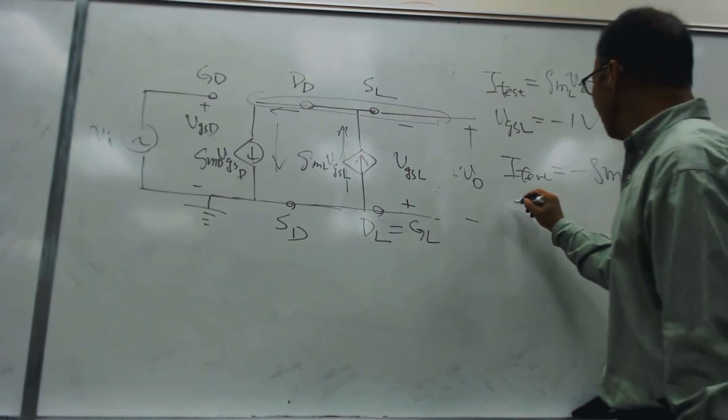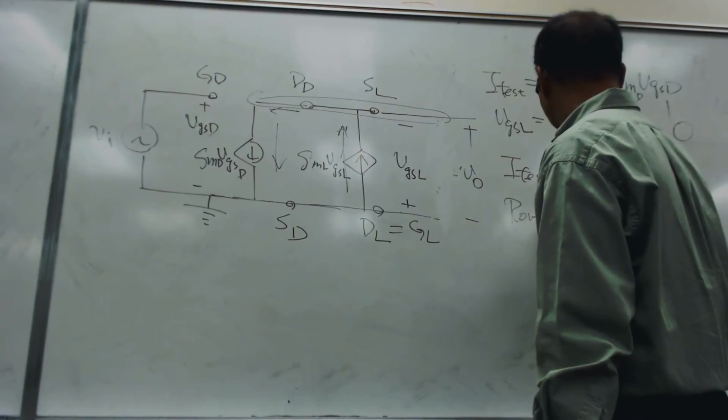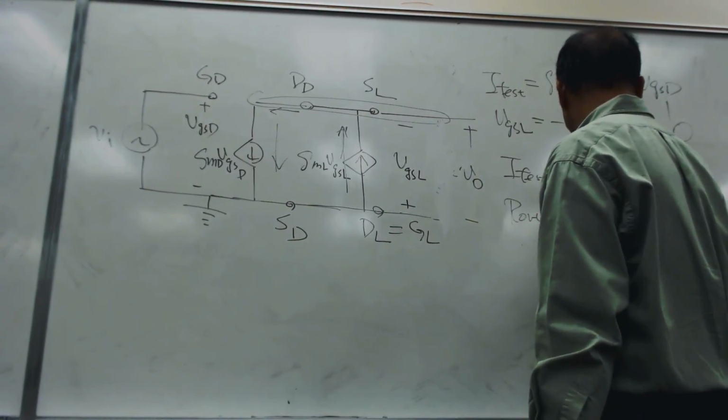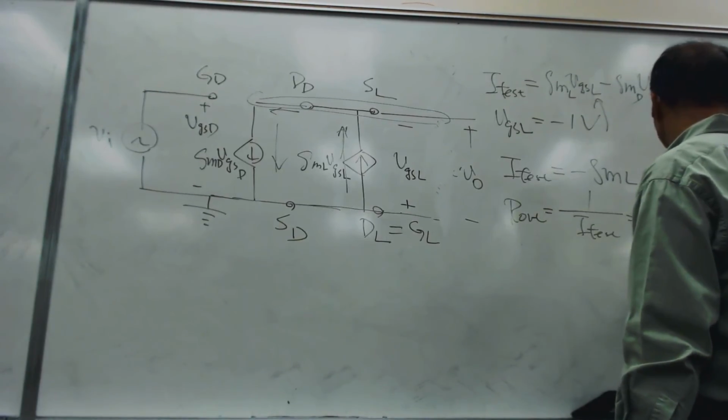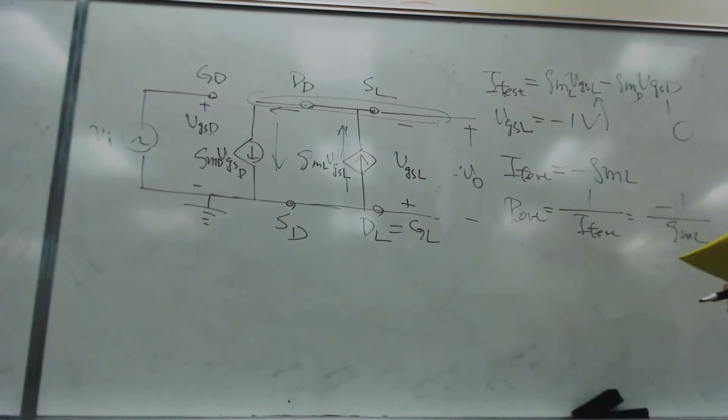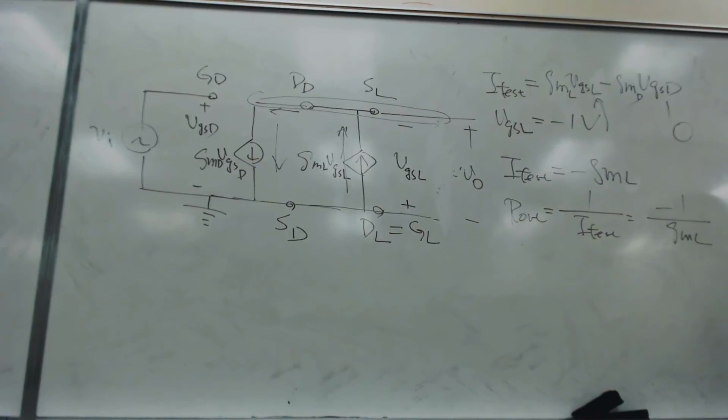So R out is equal to 1 over I test, equal to minus 1 over GML. Correct?